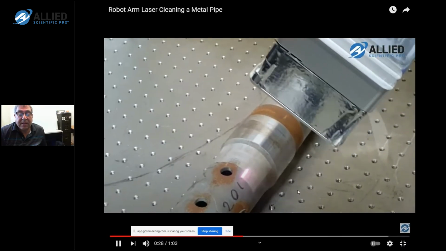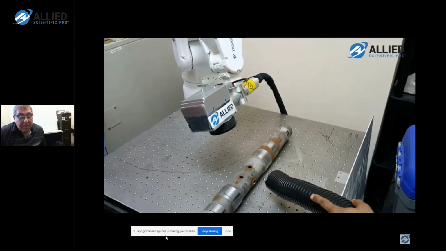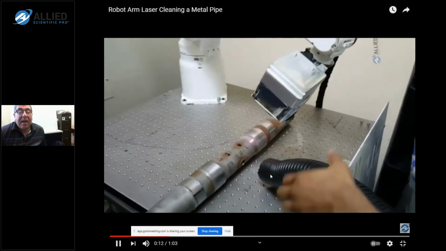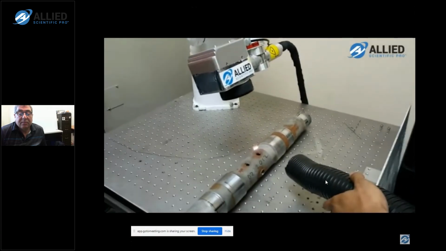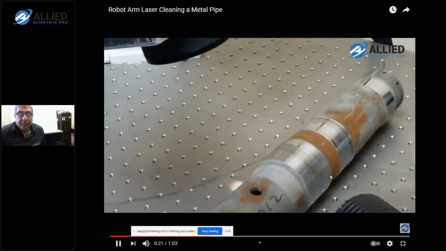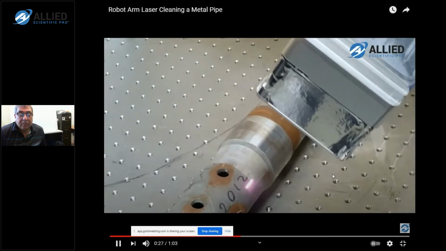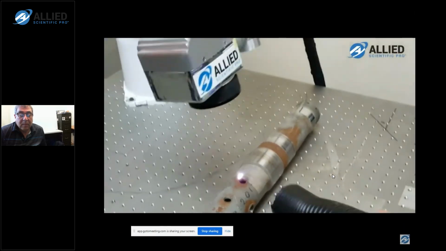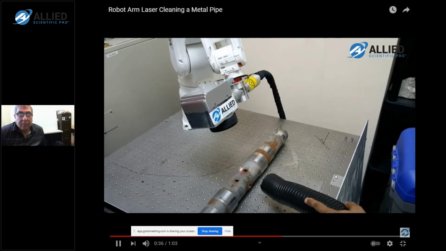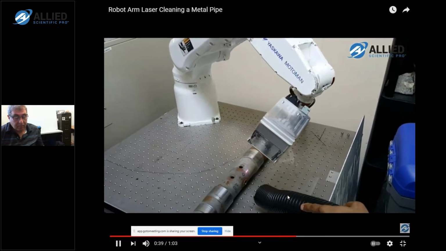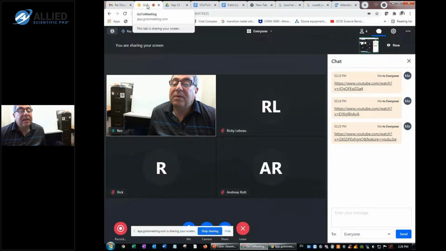It's controlling the distance of the laser. Maybe if we start from the beginning, you see it better. Yeah, this is the robot. Okay, so that was it.